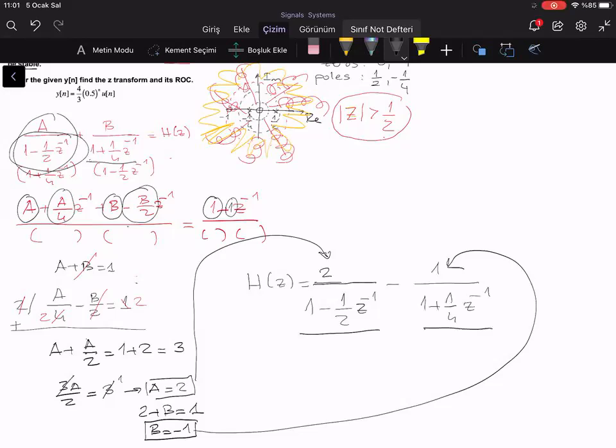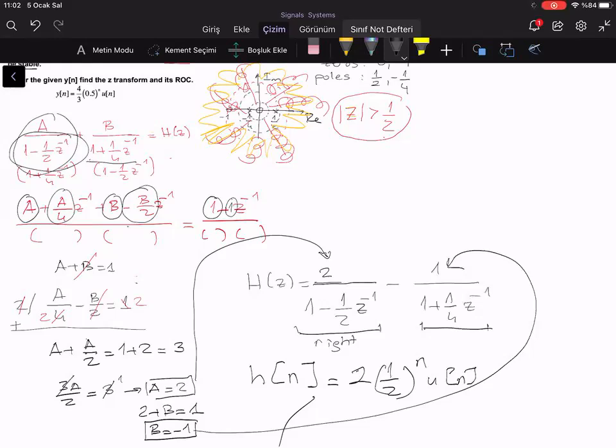So how do I perform the inverse transform here and write h of n? First one is right-sided and the second one is left-sided. Is this one right-sided? If this is right-sided, what is the sequence here? 2 times 1 over 2 to the power n u[n]. How about this part?